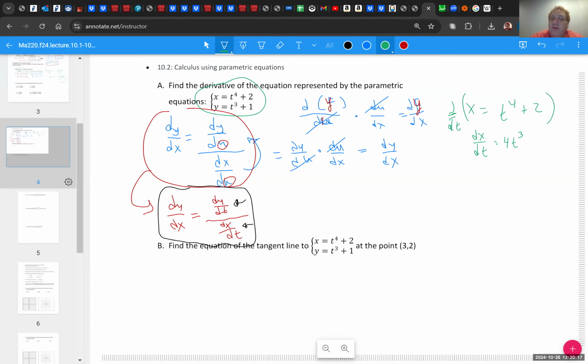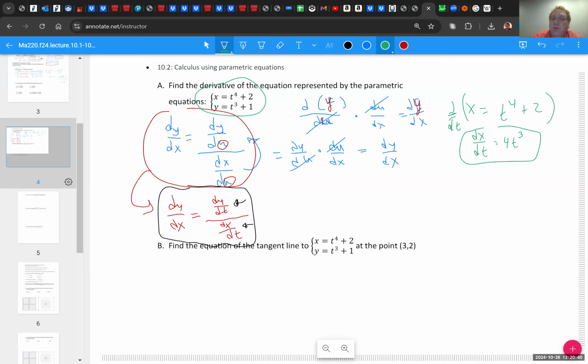I wouldn't get any differential because it's really dt over dt if you want to think of it that way, but that's just 1, right? So we don't write any of that. The variable matches the differential. So dt over dt just becomes 4t cubed. And the derivative of 2 is just 0. So now we know what dx/dt is.